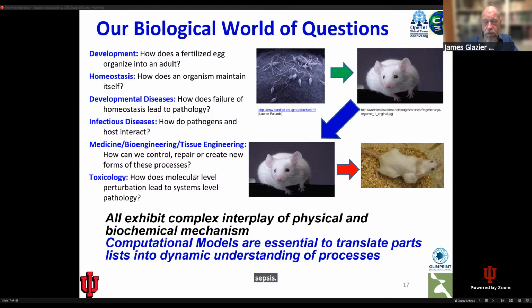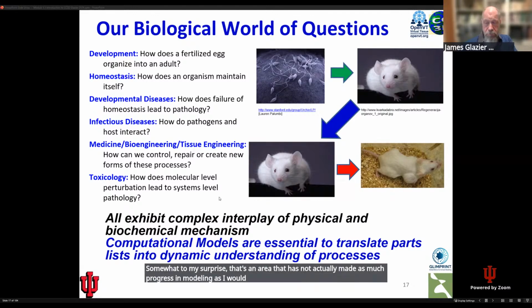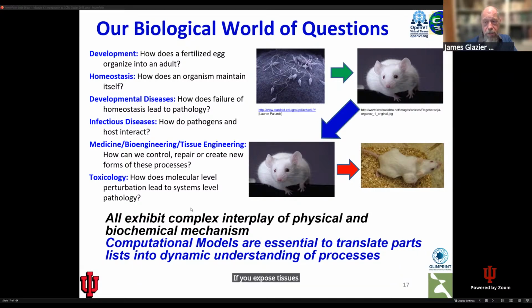There is the application to biomedicine, bioengineering and tissue engineering: how do you design and build tissues? Somewhat to my surprise, that's an area that has not actually made as much progress in modeling as I would have expected. And then something that may not be so obvious to people here, but is quite an important area of application, is toxicology. If you expose tissues to chemical perturbations, what happens and why?